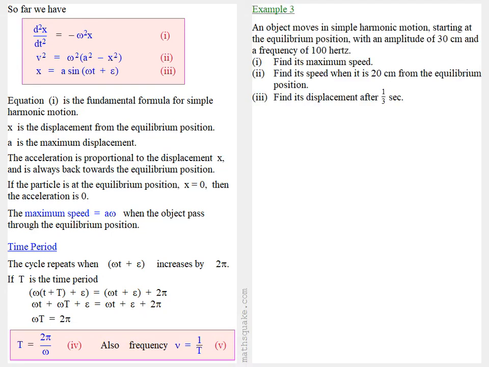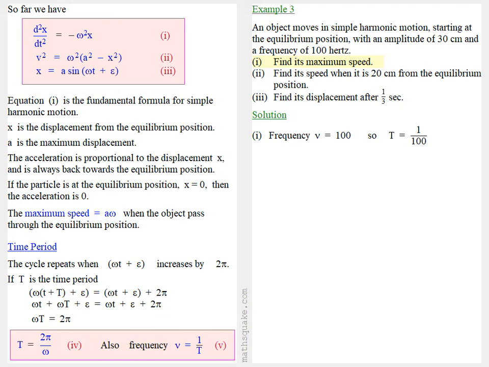In example 3 we're told an object moves in simple harmonic motion, starting at the equilibrium position, with an amplitude of 30 centimeters and a frequency of 100 Hz. In part 1, we're asked to find its maximum speed. Well, to solve this, we know the frequency nu is equal to 100 Hz.